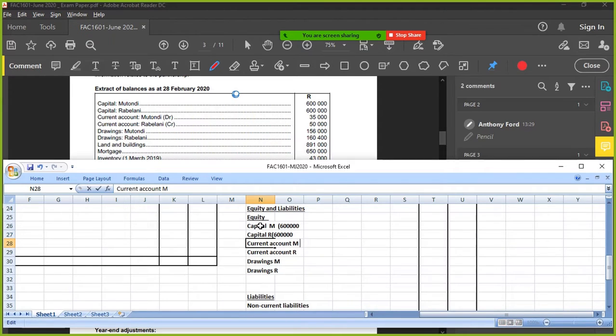Capital R same. 35 for M, 54 R. Negative. Oh, it's a debit balance. Be careful. Debit means minus. Okay, R is a credit, plus 50. Good partner. Okay, drawings, 156.